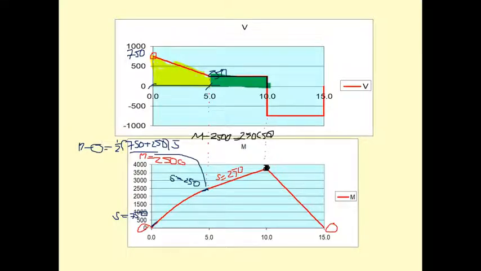And then when you move, the M is going to be 1,250 plus 2,500. This is going to be 3,750 kilonewton meter.